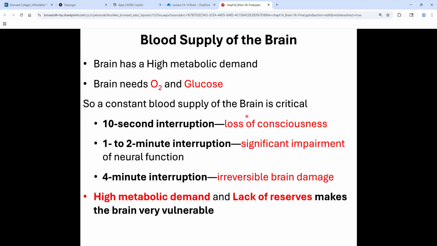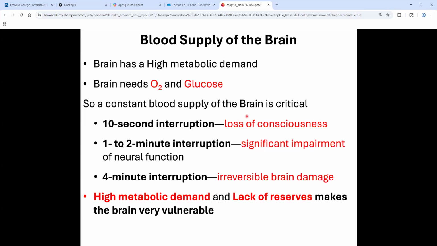And 4 minutes will cause irreversible damage. So that's the seriousness. That's why if a person is going into a cardiac arrest, what do you do first? Chest compression, CPR.